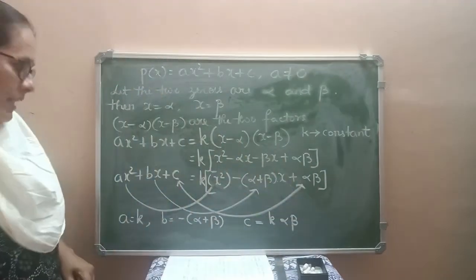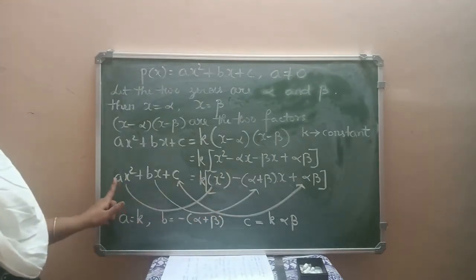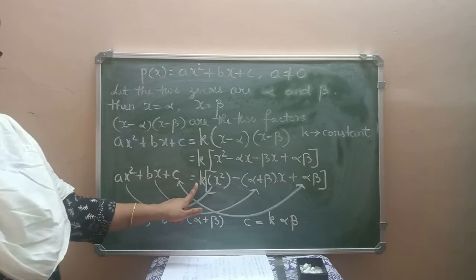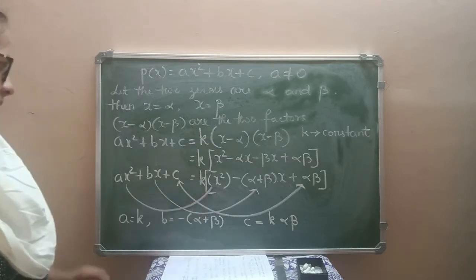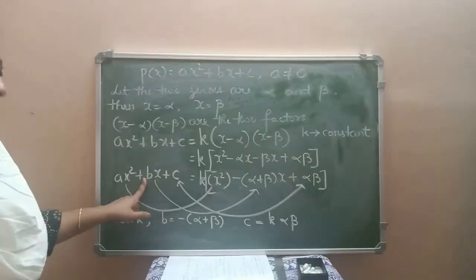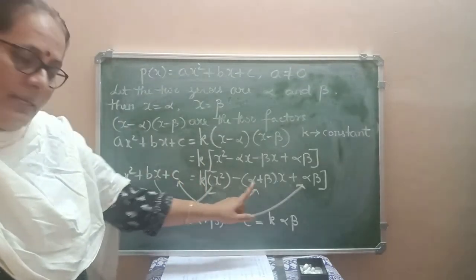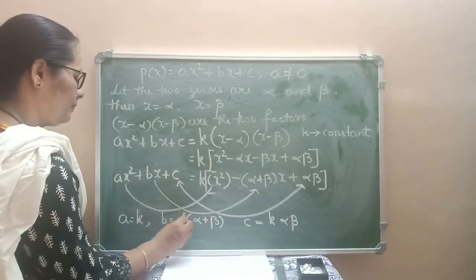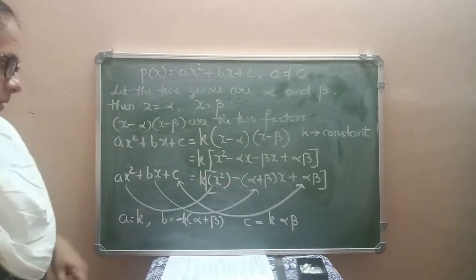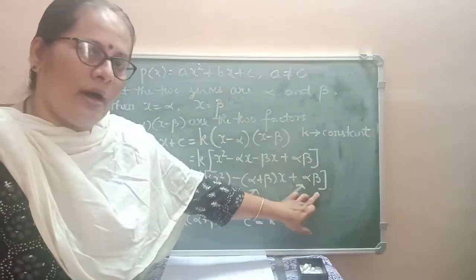On comparing the coefficient of x square, a is equal to k. Then on comparing the coefficient of x, b equals to k into minus alpha plus beta. Then constant term c equals to k into alpha beta.